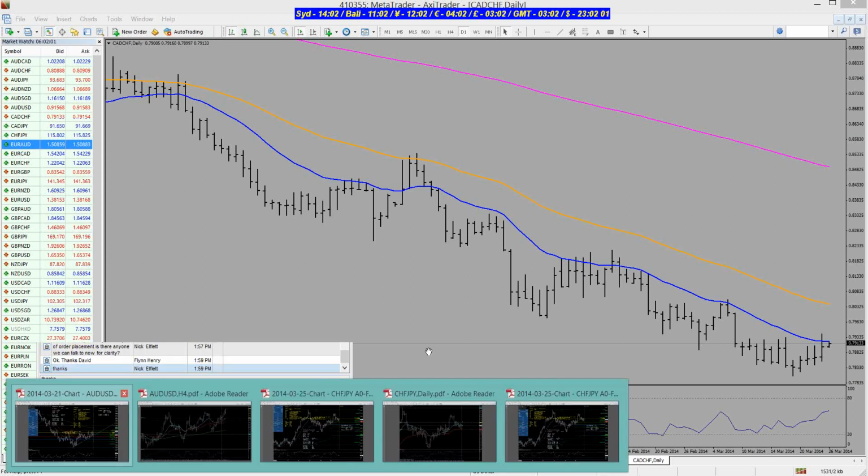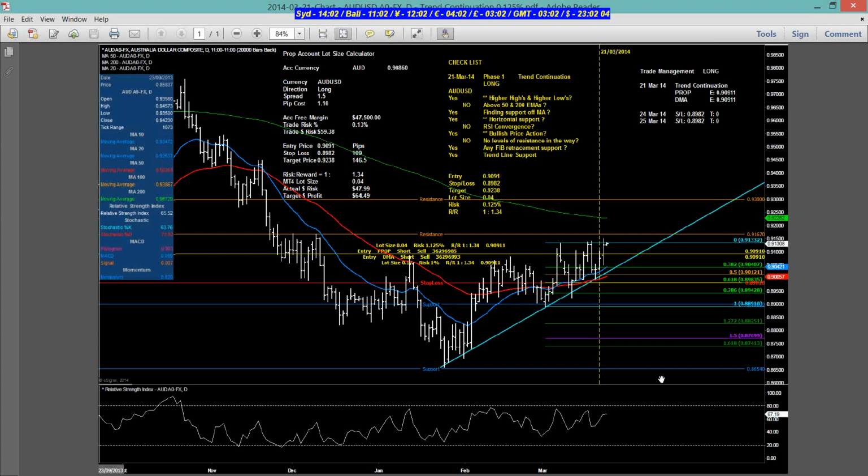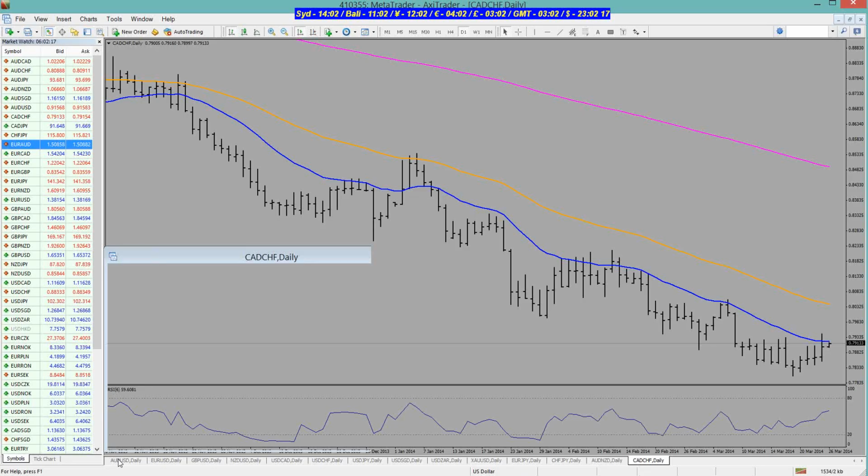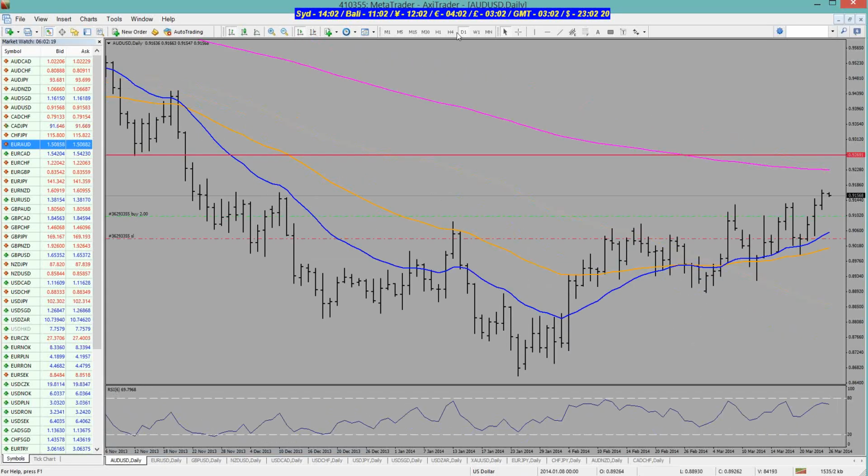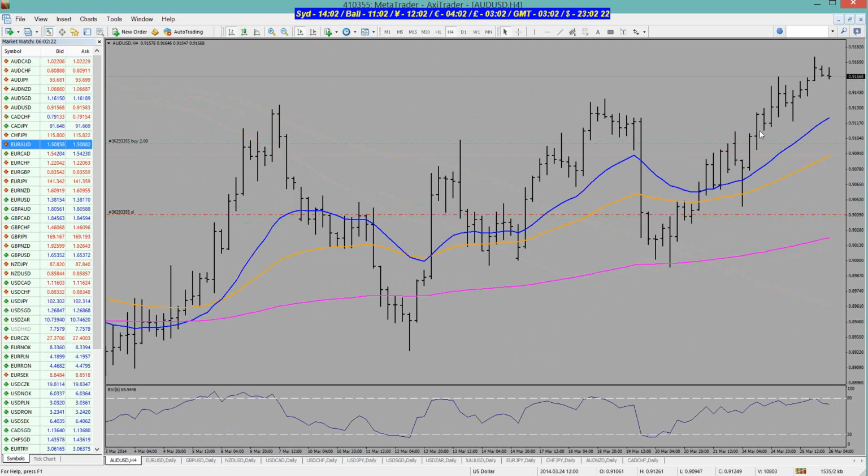Aussie dollar entered on the 4 hour on the 24th to get a better break even. Okay. Moved it to break even. Still needs to be going up. It is going up, mate. CAD Swiss, it is going up. Aussie dollar 4 hour, you got in on this one, did you? Okay.